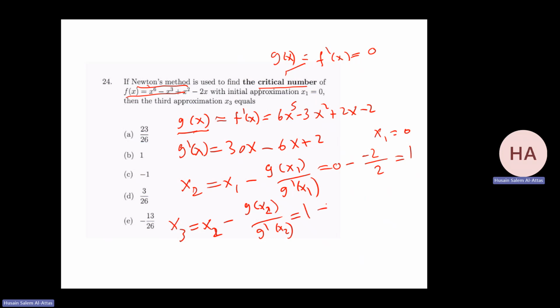What is x2? 1. G at 1 will be 6 minus 3 minus 2 plus 2, that will be 3, over g prime at 1, that is 30 minus 6 plus 2, 26. So I have 1 minus 3 over 26, that will be 23 over 26, which is this one.